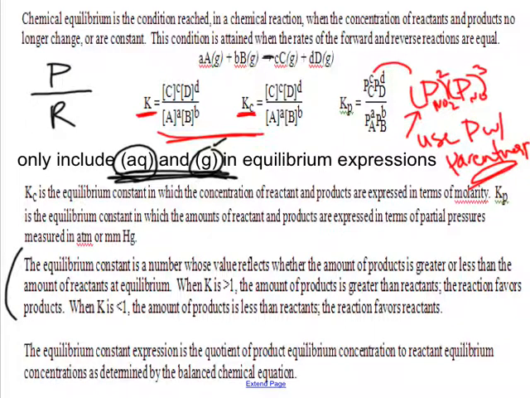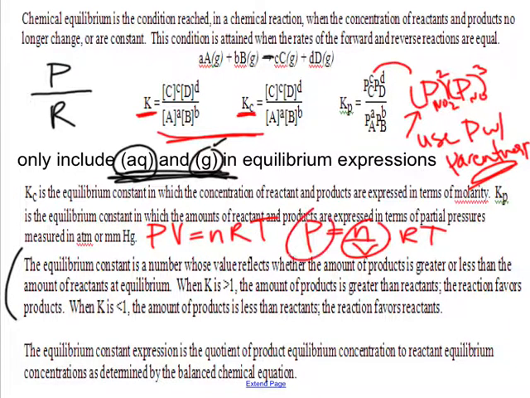So does anyone remember, we've done it now like 3 times, why we can use pressure in lieu of concentration? Does anybody remember? We did this a bunch of times. If we divide by V, there's a proportionality between pressure and concentration.